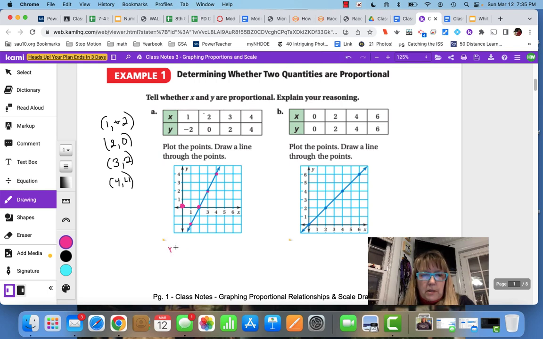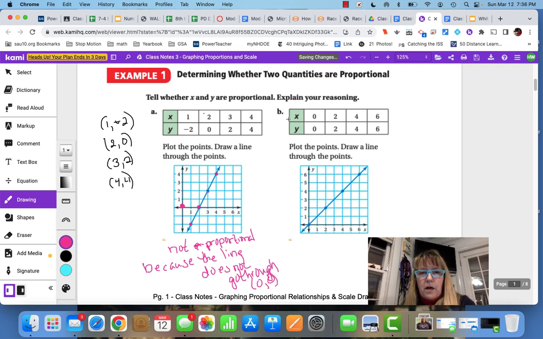So this is not proportional, because the line does not go through the origin, or 0, 0.